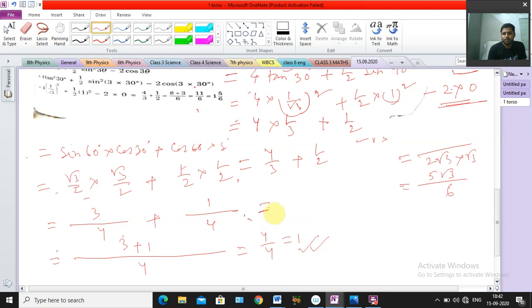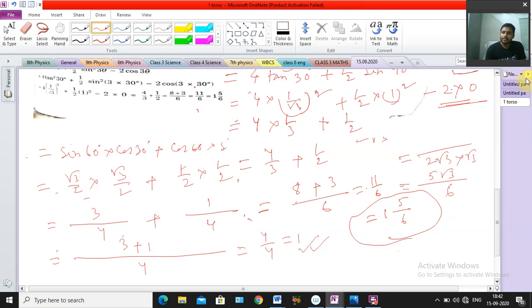Do LCM. If we do the LCM, we get 6, and here 2 4 8, and here 3, that means 11 by 6, and 11 by 6 we can convert into the mixed fraction. So 6 1 is 6, 5 by 6, 1 5 by 6, that is the answer.